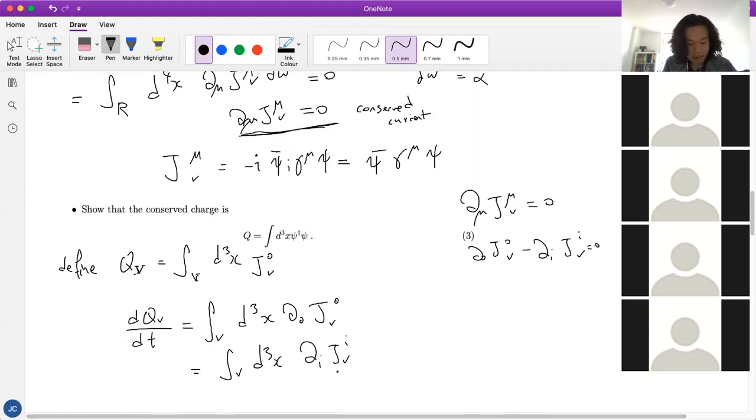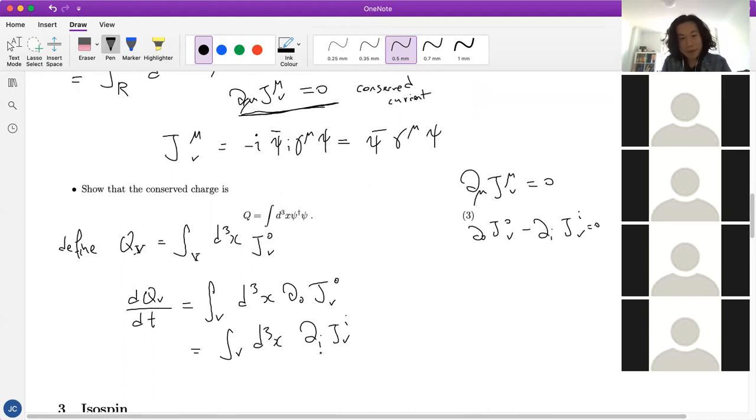Okay, and now I'm going to use the divergence theorem again, but I go backwards. So I go from a volume integral to a surface integral. Here we have a divergence, so if I go back to a surface integral over the boundary of dV, then I just have the current. And dV can be taken to infinity.